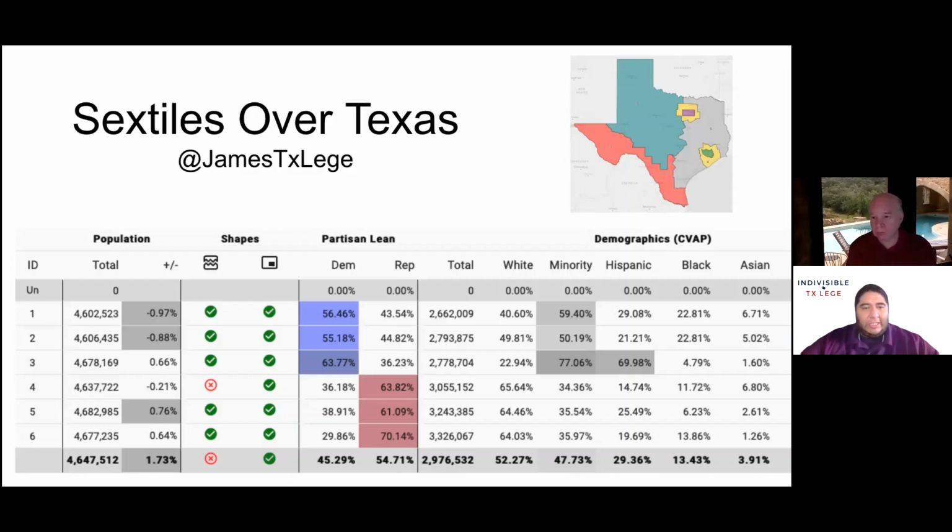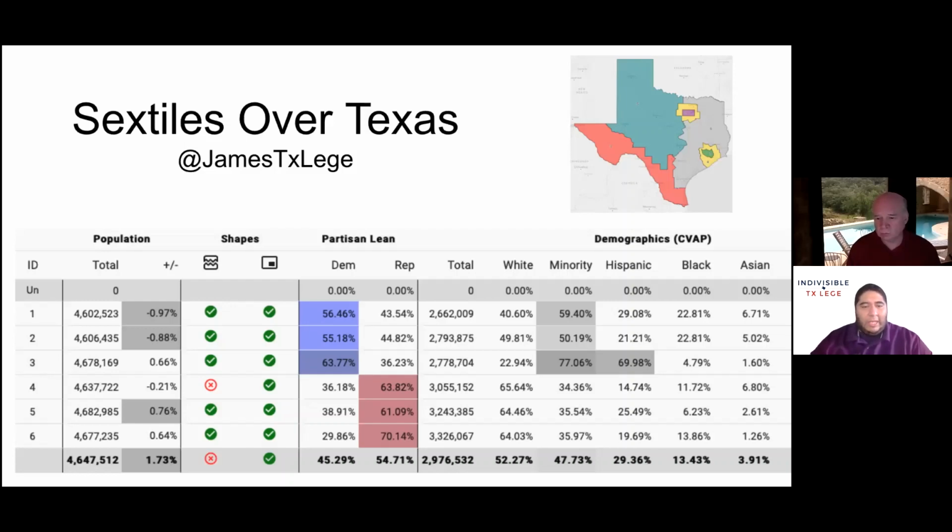Just to highlight a couple of things that you've mentioned, the top 3 districts, which you provide the data for, lean in the Democratic space, and the bottom 3 districts lean in the Republican space. One thing that becomes apparent is how the percentages in the demographics are broken down.